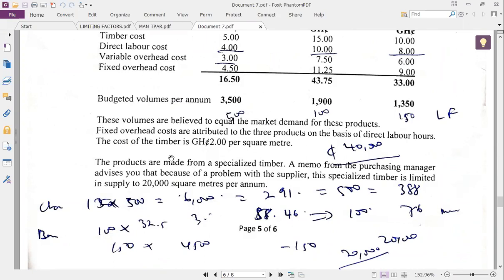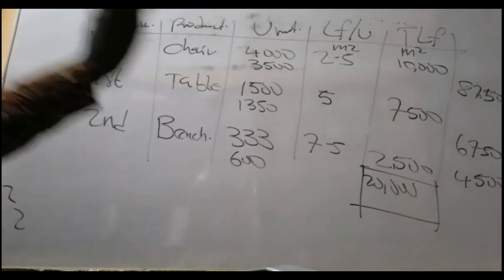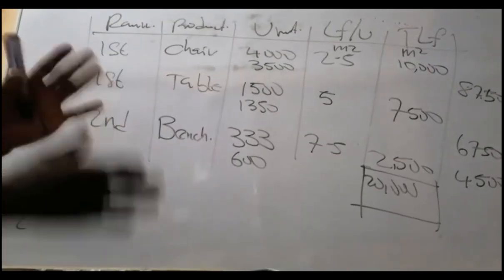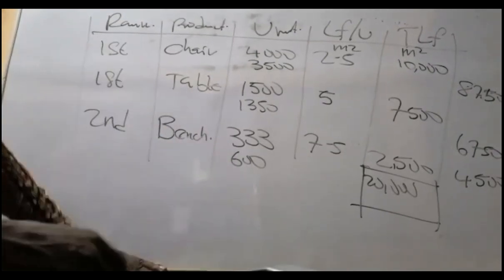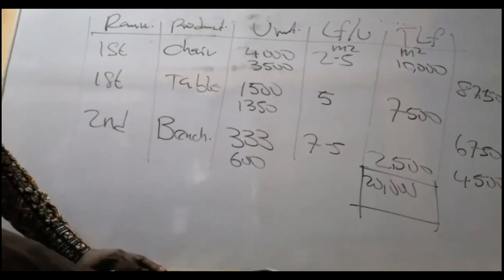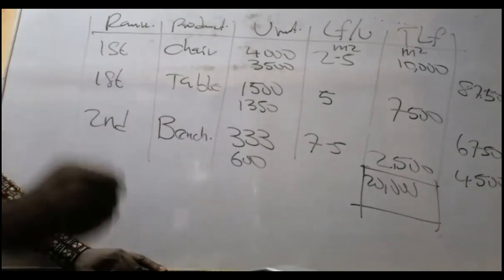And then that is it. Okay, now let's go and calculate the total contribution. So now we know the units, both when they include the special order in the annual demand and when they take it off, right? So you can now go and calculate the contribution. So here, I wish we will do two contributions.